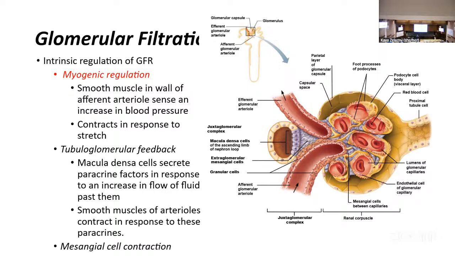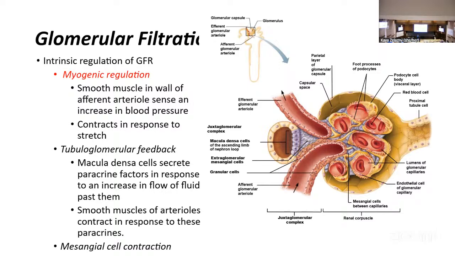So like our other blood vessels, those arterioles that go into the glomerular capillaries have smooth muscle in their walls because they can change their radius, right? So they can change their resistance by changing their radius, changing how much is flowing into them. Okay. Now, the smooth muscle in these arterioles has an automatic reaction in response to stretch. Right?